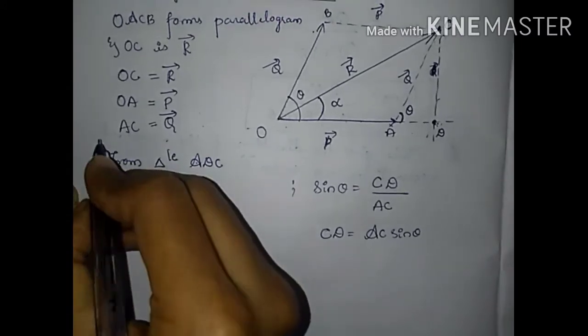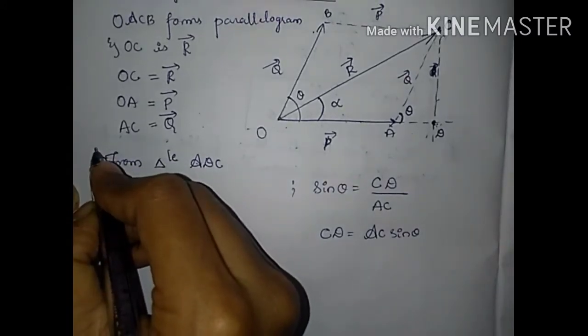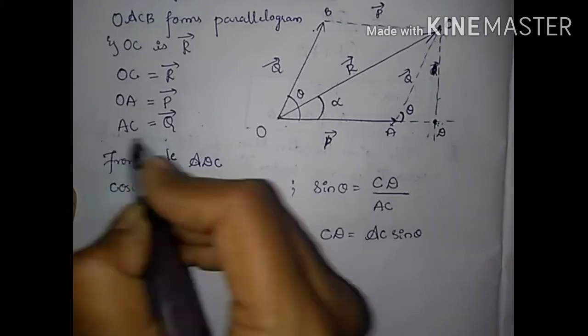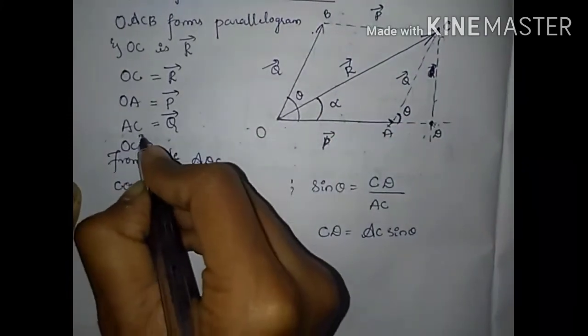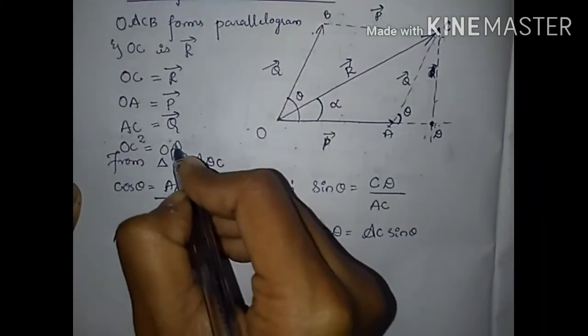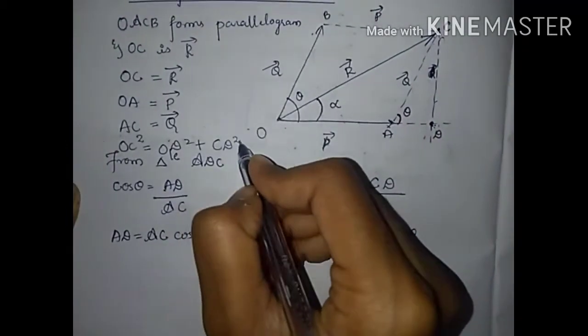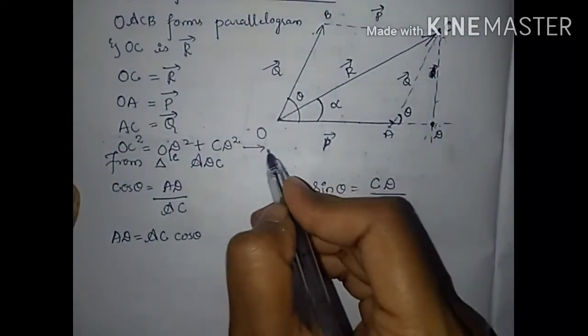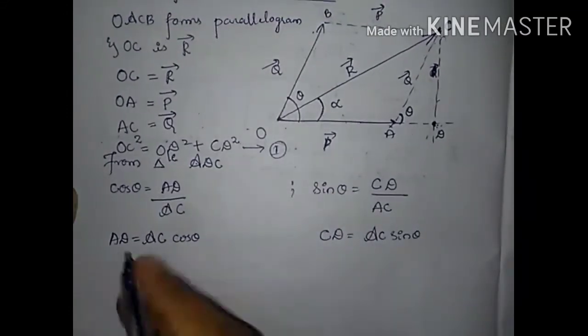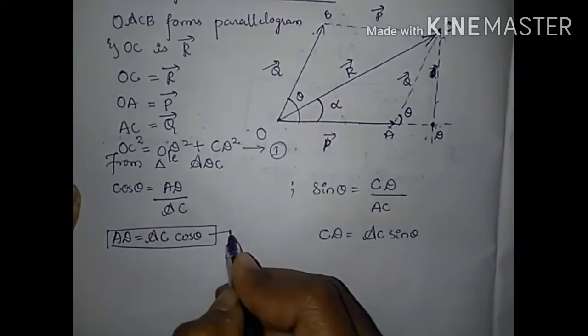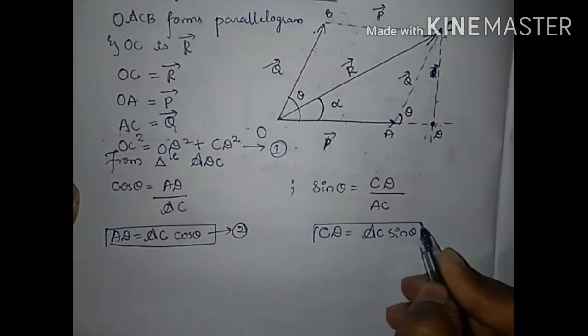Before this we have to write the equation, that is OC square is equal to OD square plus CD square. So this is equation 1, this is equation 2 and this is equation 3.